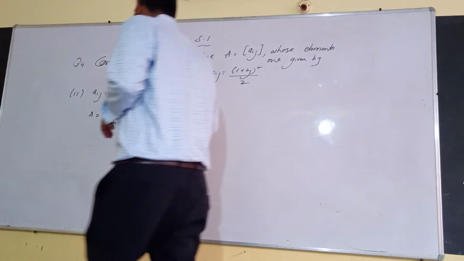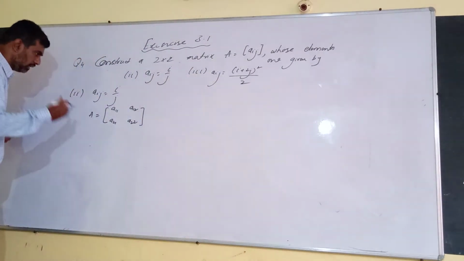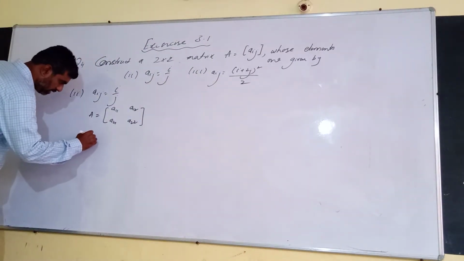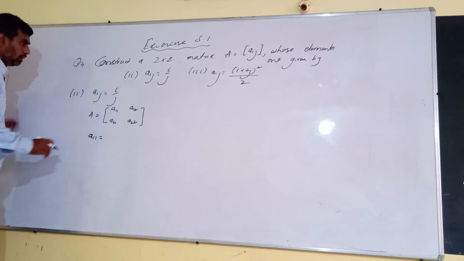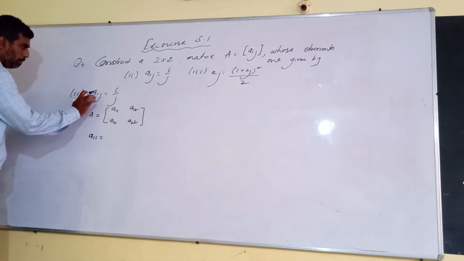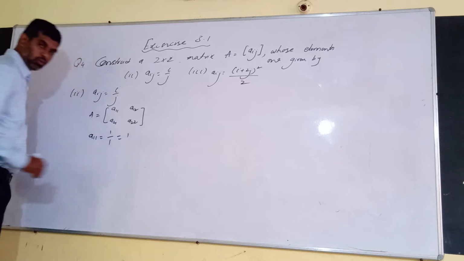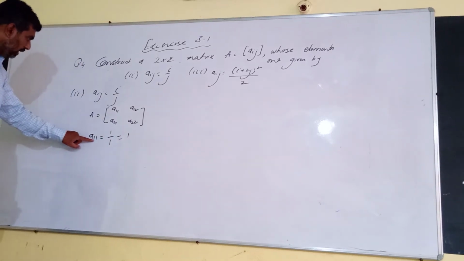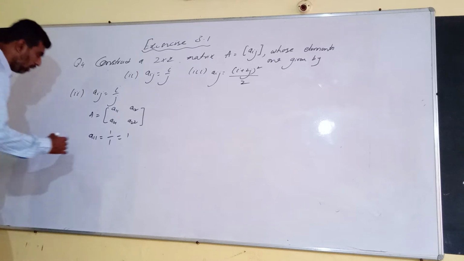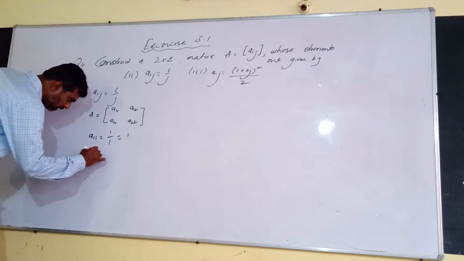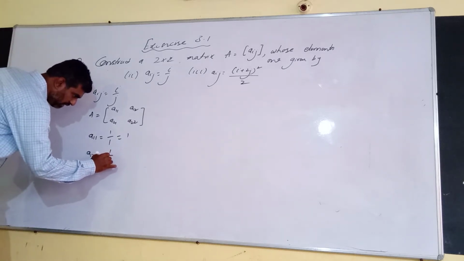Now move to the next. First we will find A11. First row, first column. 1 divided by 1. What is the answer? I value 1, J value 1. Now A12, I value 1, J value 2.